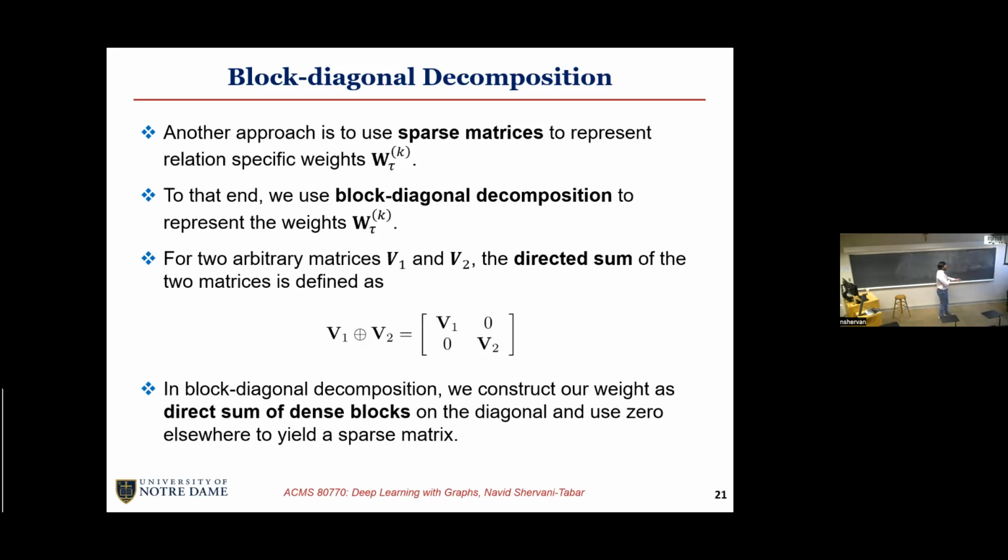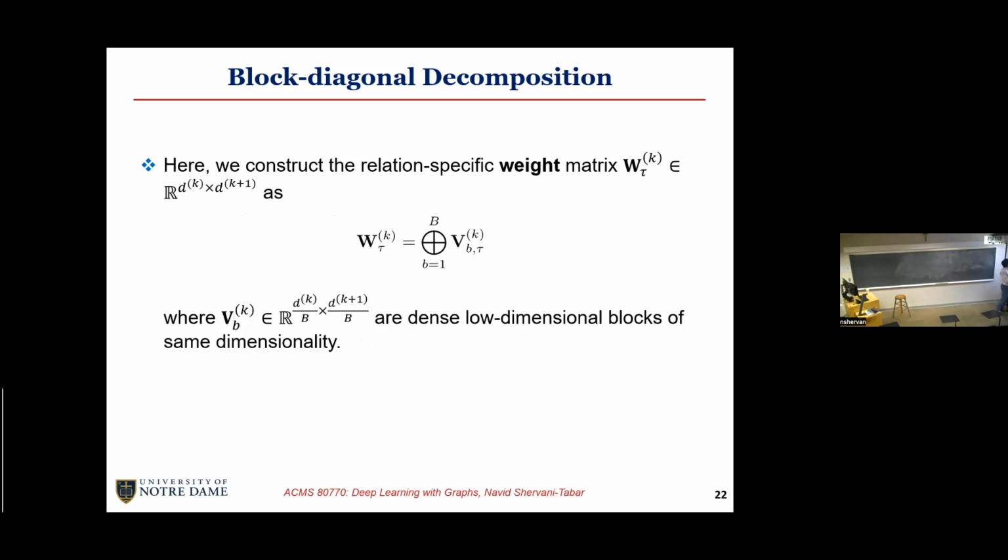So if you write it down, I show our relation-specific W as a sum over these smaller matrices.